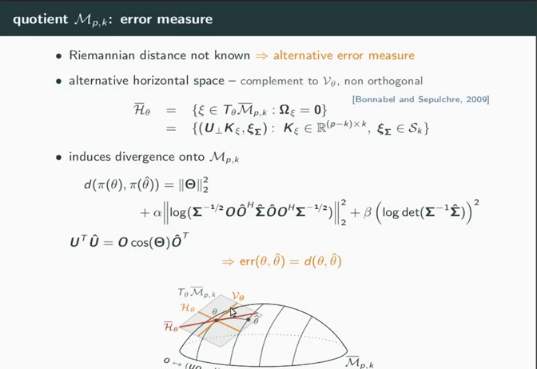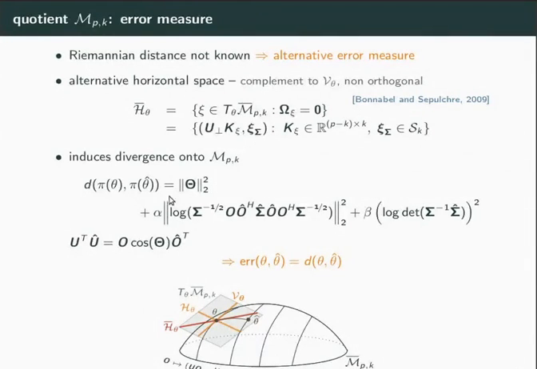The consequence is that it will induce curves onto the quotient manifold, and in particular it will induce a divergence, which is given here, onto the quotient manifold, but this divergence is not a distance, and it does not correspond to the Riemannian distance.